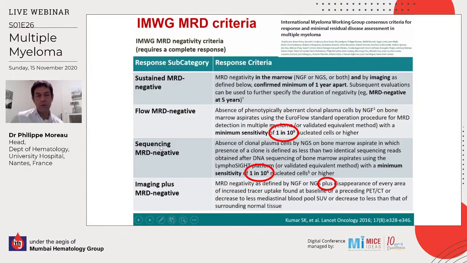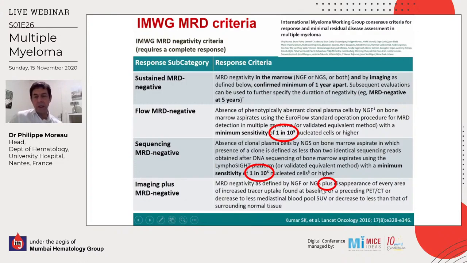We also proposed the NGS assessment, and MRD-negative patients are also reaching the threshold of 10 to the minus 5. And in this paper, we also discuss imaging plus MRD negativity.